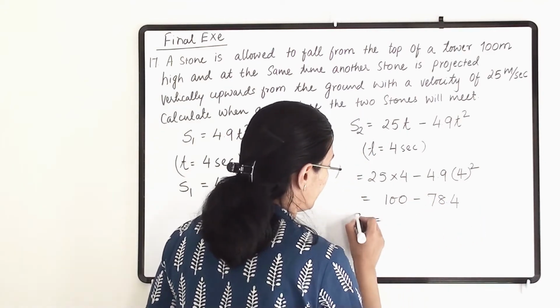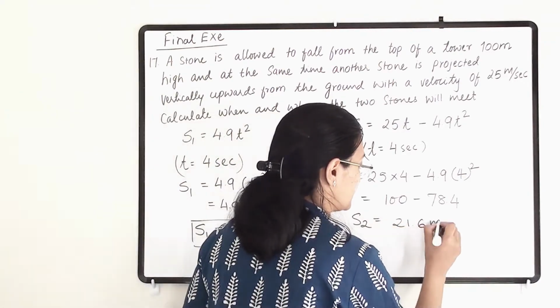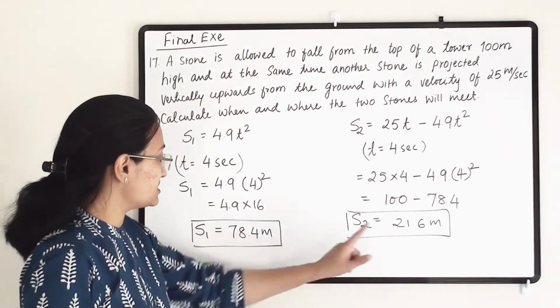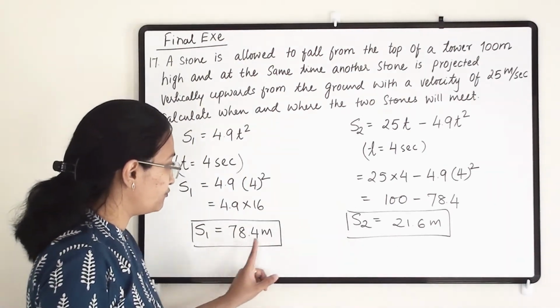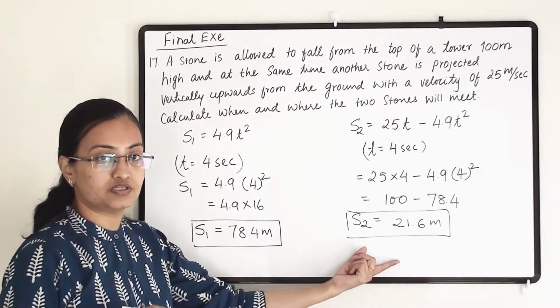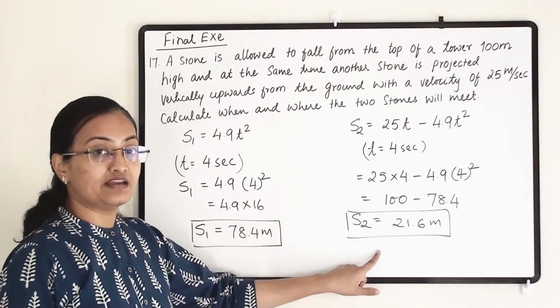And when we subtract this, we get S2 equals 21.6 meter. To tally the answer, we can add 78.4 plus 21.6. So we should get 100 meter. Yes, when we add these two distances, we get 100 meters.